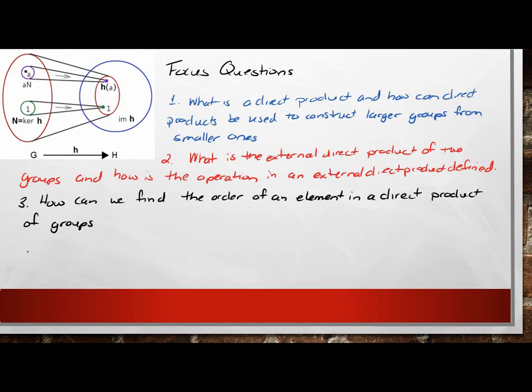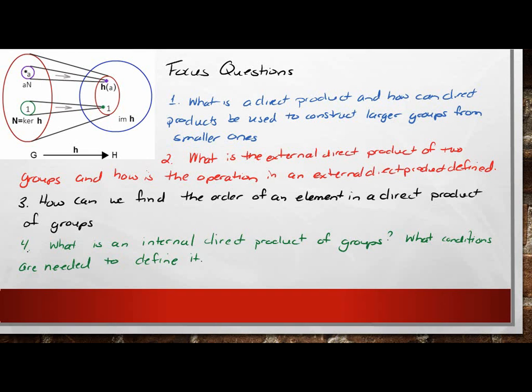How do you find the order of an element in a direct product of groups? You're taking small groups and patching them together, so using that knowledge, can you find the order of an element in the larger group? And the fourth thing is, what is an internal direct product of groups, which you might not have seen before, and what conditions are needed to define that.